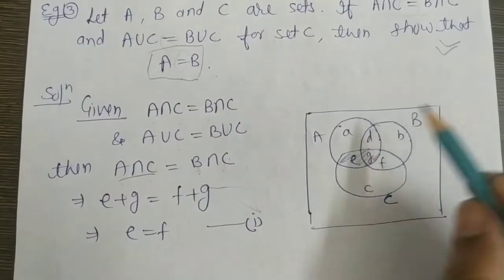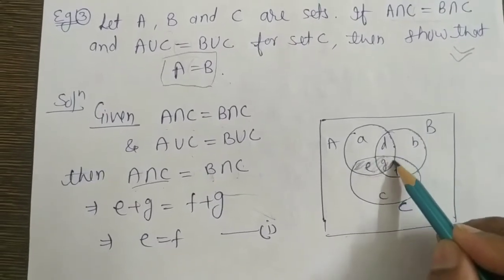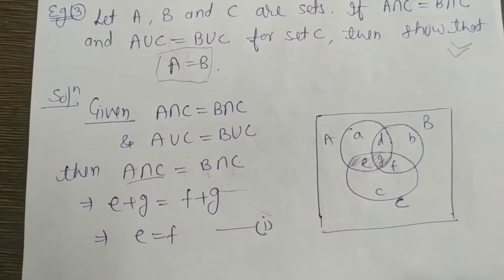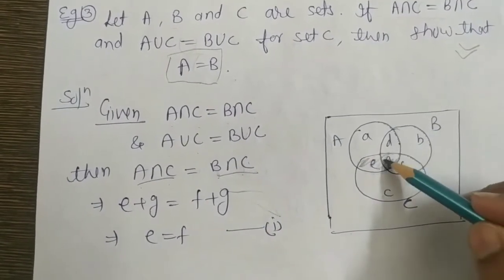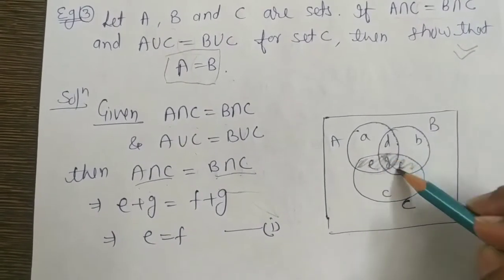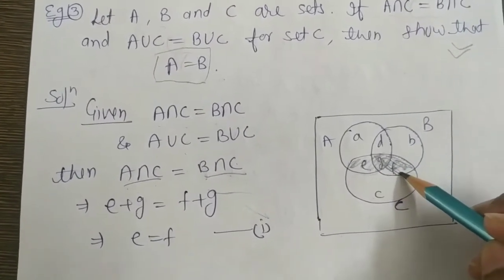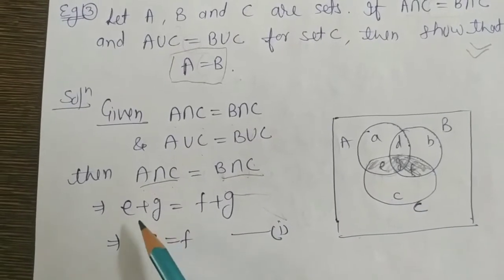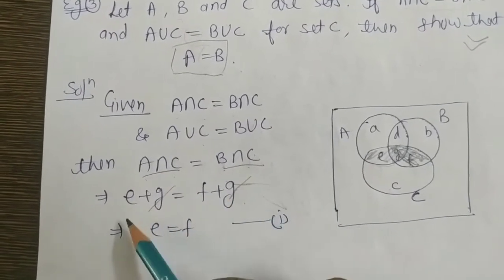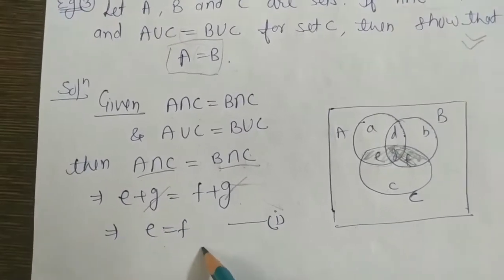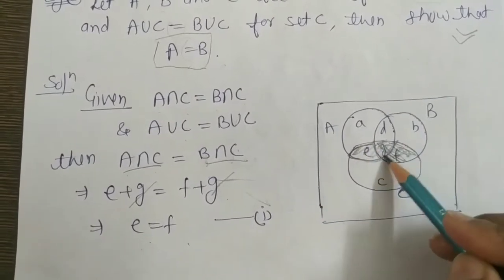This is A intersection C. It means part E plus part G. And B intersection C means this part, G part and F part. By solving this, G and G cancel out. We get E equals F. It means this E part will be equal to F part.